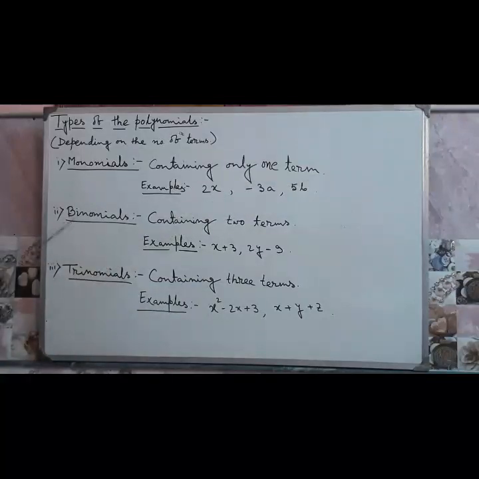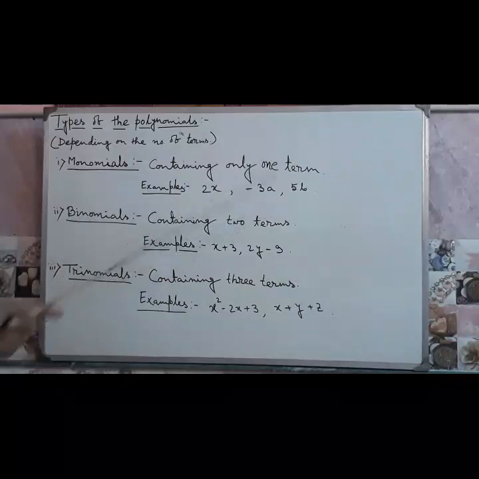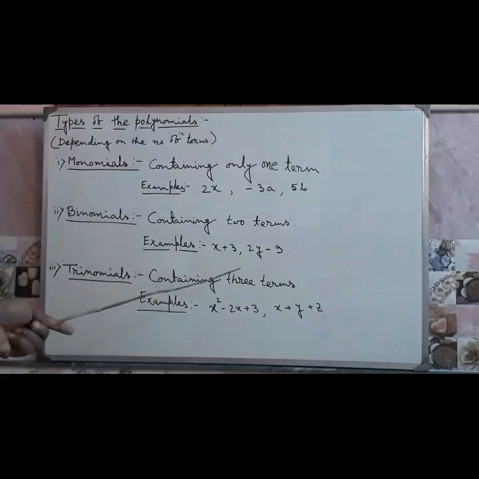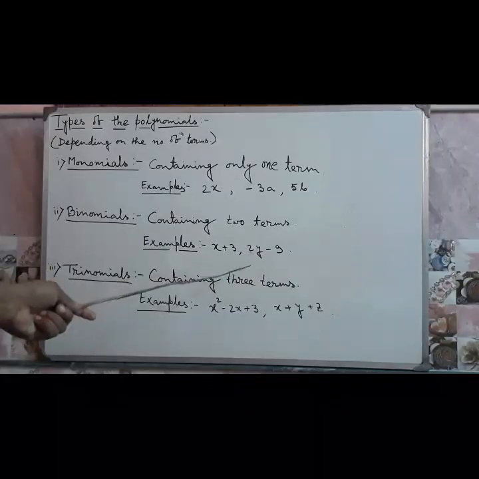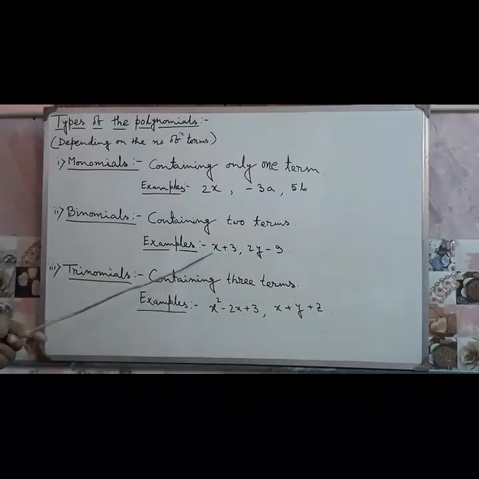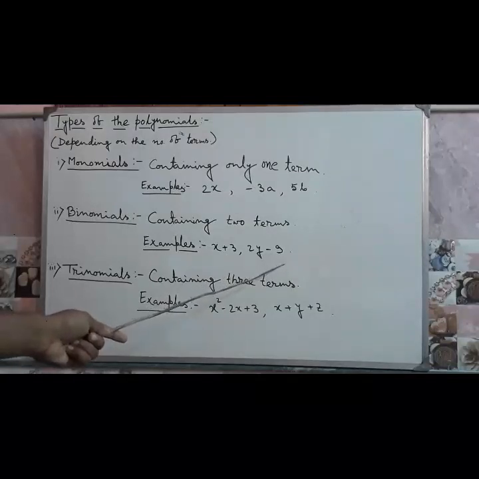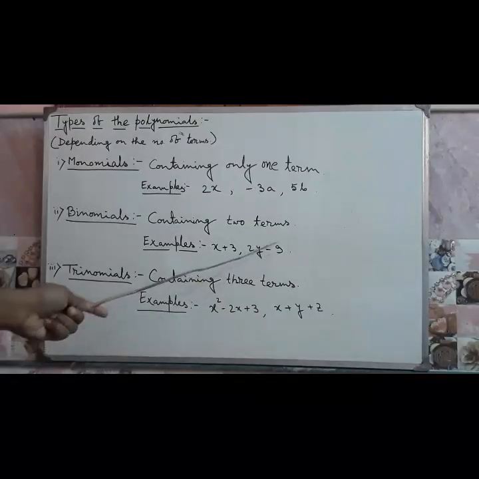Binomials contain only two terms, such as x plus 3, 2x minus 5, 2y minus 9. In the first, x is a term and 3 is another term. In the other example, 2y is a term and 9 is another term. So two terms are there.